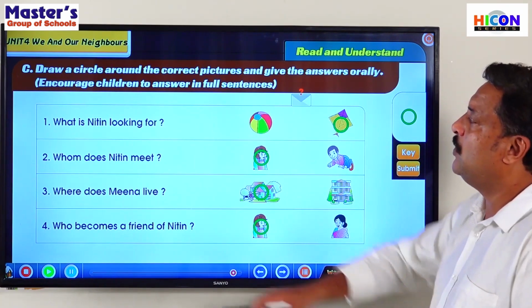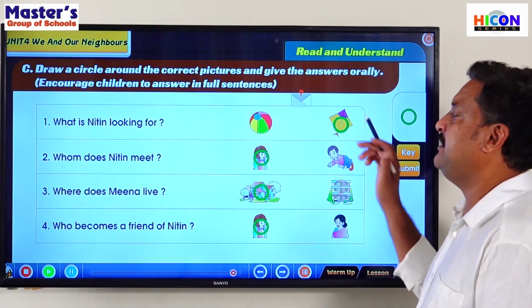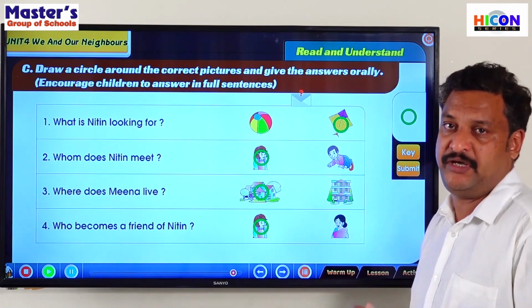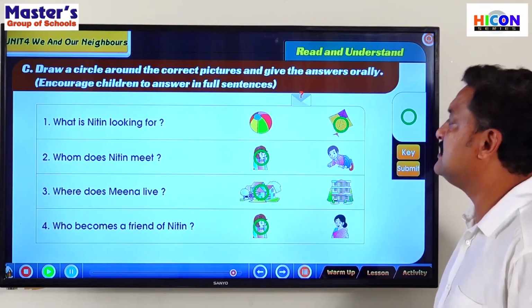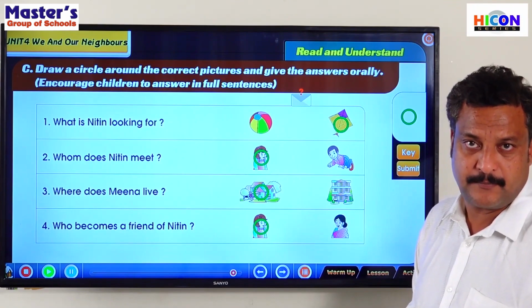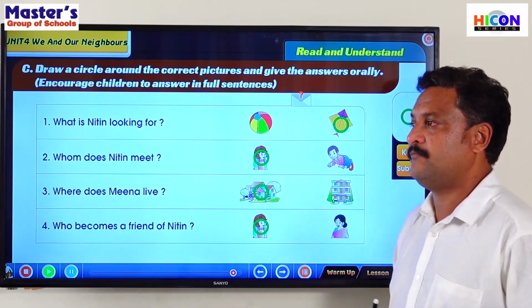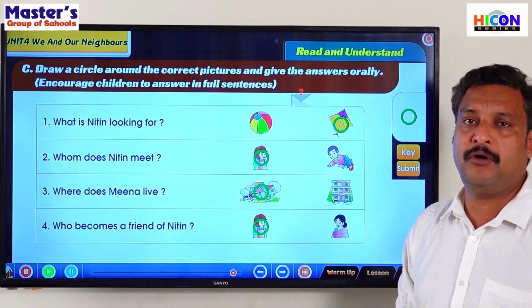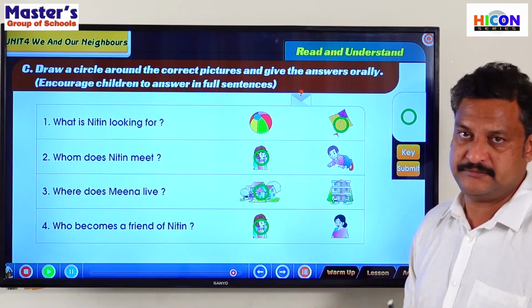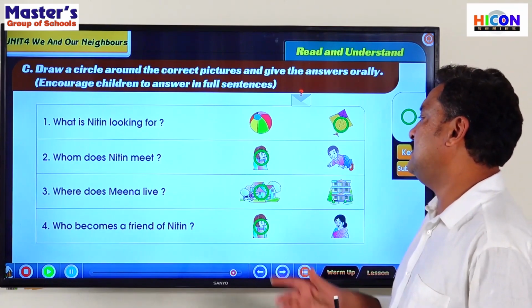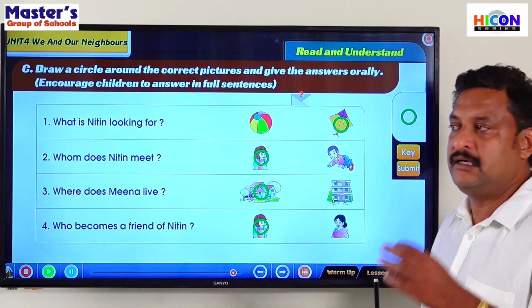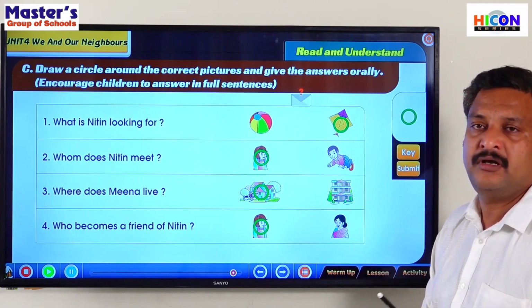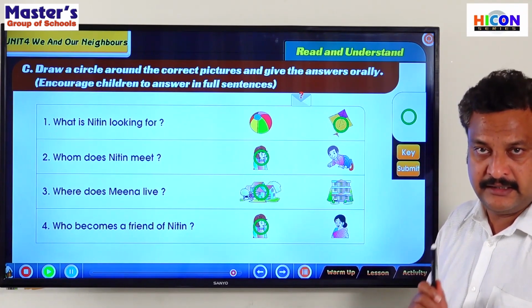Okay. So now Nitin was looking for a kite. Read it in this way. Nitin is looking for a kite. Second sentence. He meets a girl there.